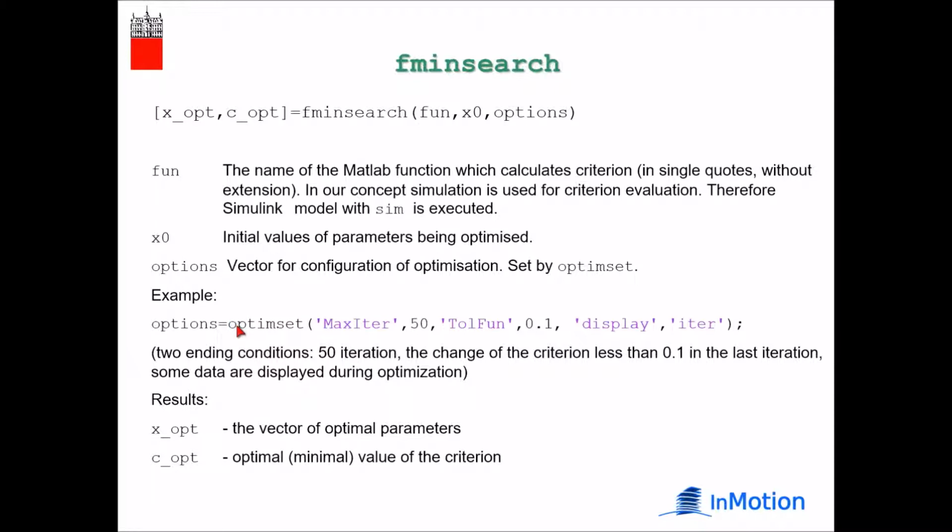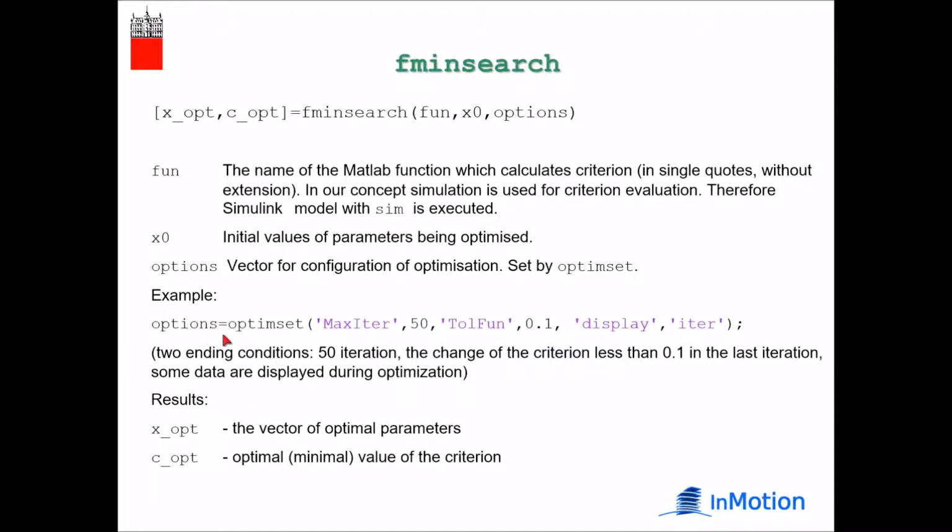In this example, we define 2 ending conditions. 50 iterations is one ending condition, but the optimization ends also if the change of the criterion is less than 0.1 in the last iteration. This is this combination. With the command display iter, we define that some data are displayed during optimization.